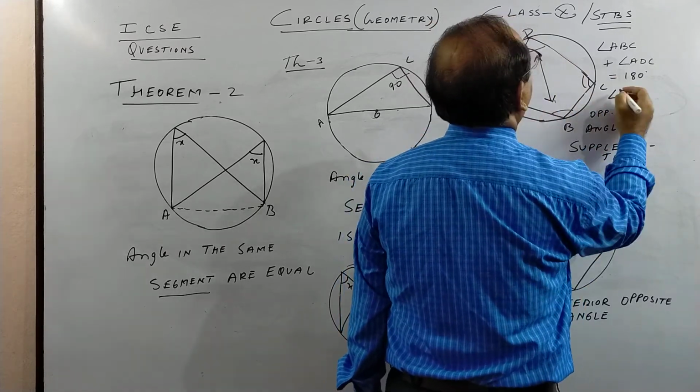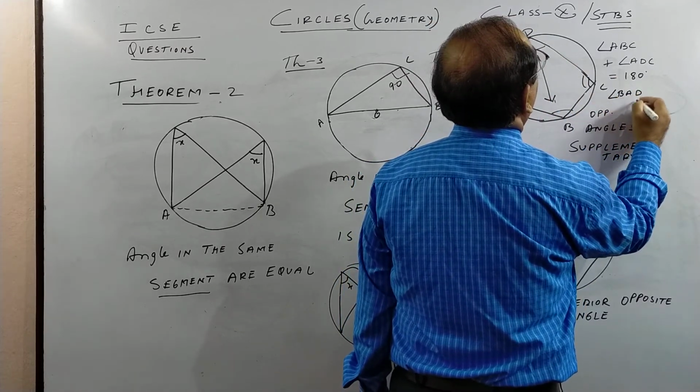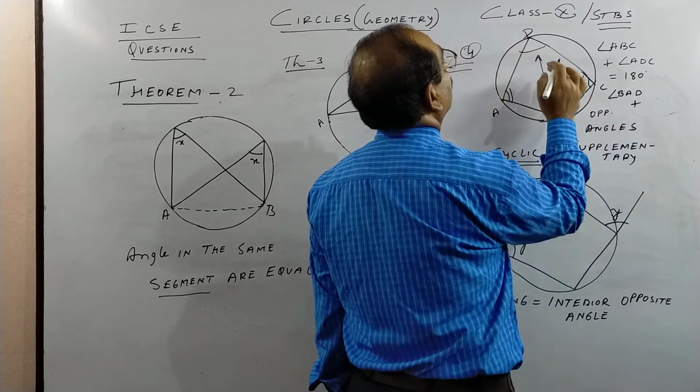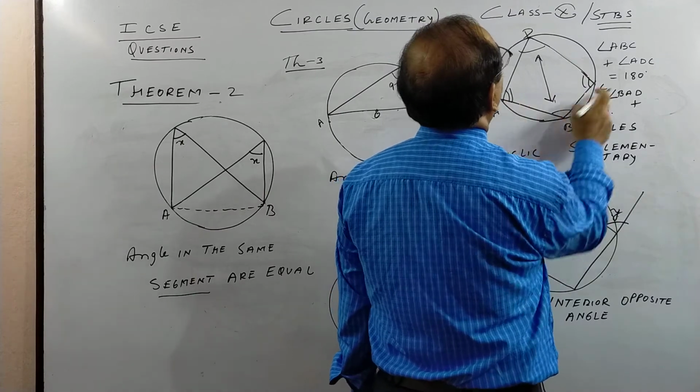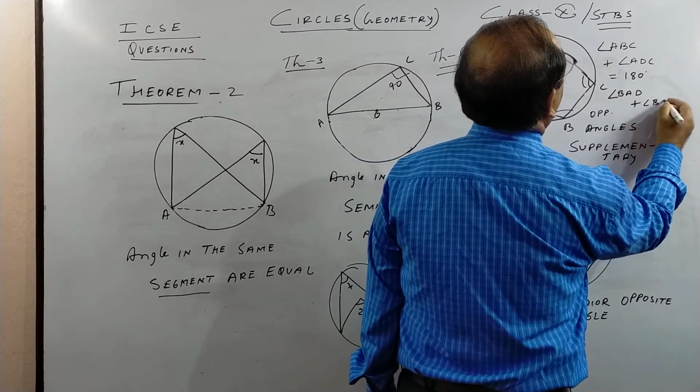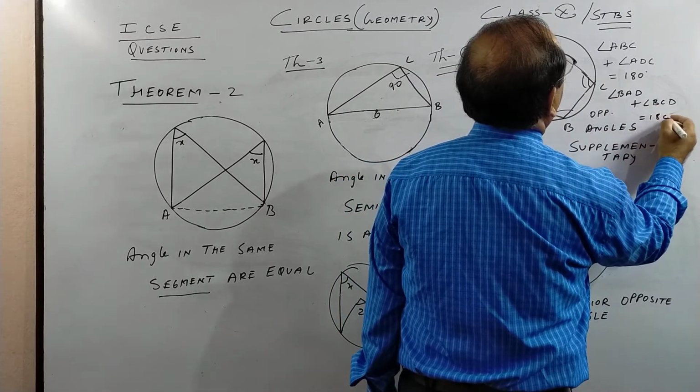angle DAB or BAD plus this angle, okay, and opposite to that is BCD. They are also 180 degrees.